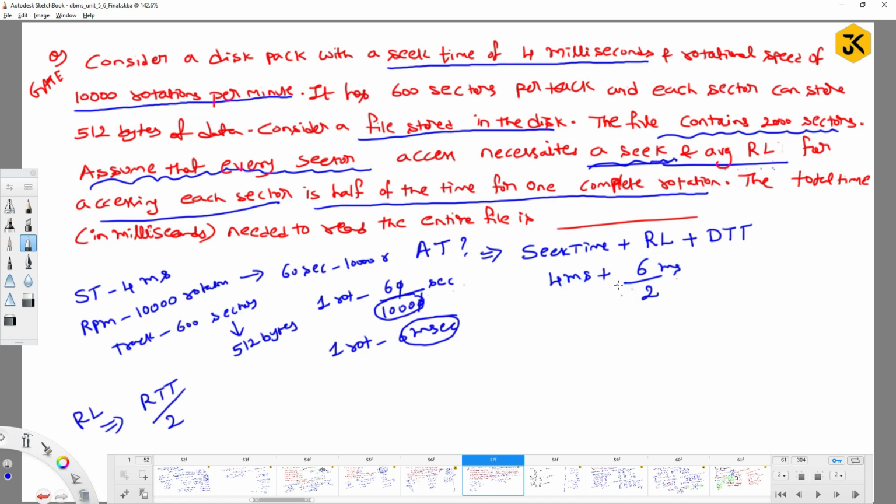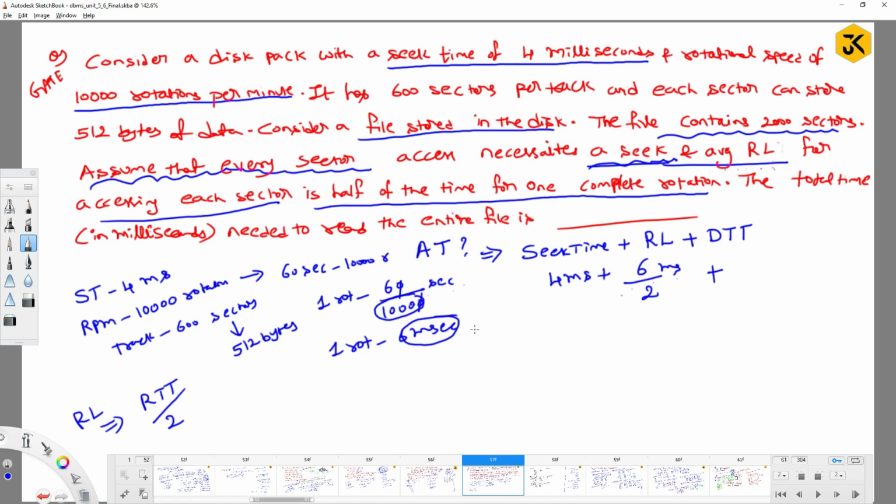So it is 4 milliseconds plus 6 milliseconds by 2, plus the data transfer time. The data transfer time is 0.01 milliseconds. How did we get 0.01 milliseconds?